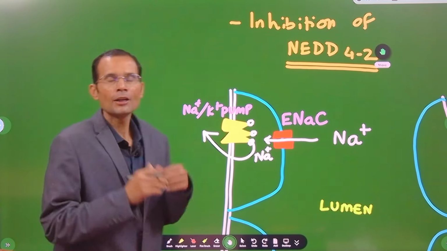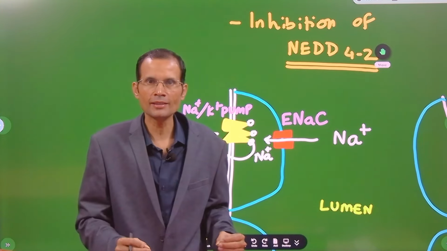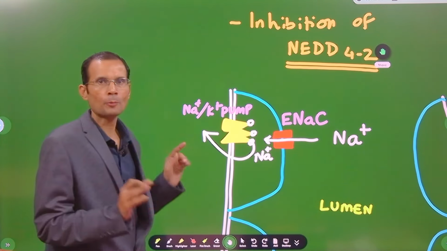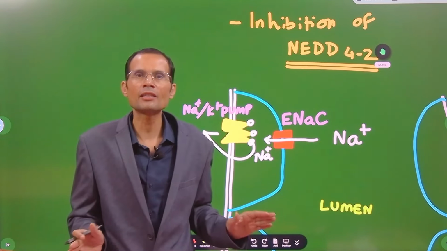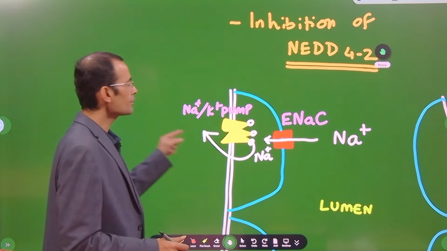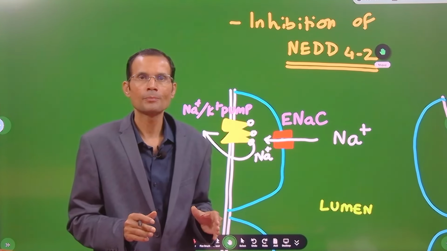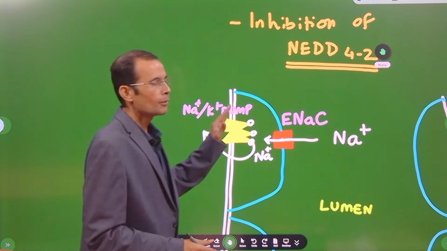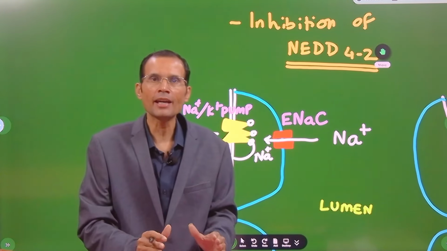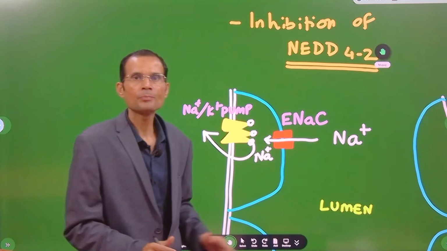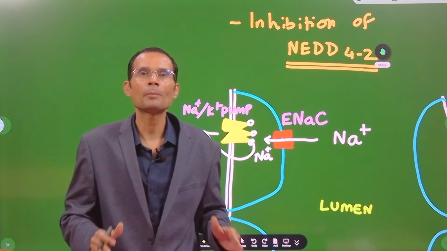Now, aldosterone increases the sodium reabsorption. We have already said that. How? By increasing the stay of ENaC in the apical membrane.